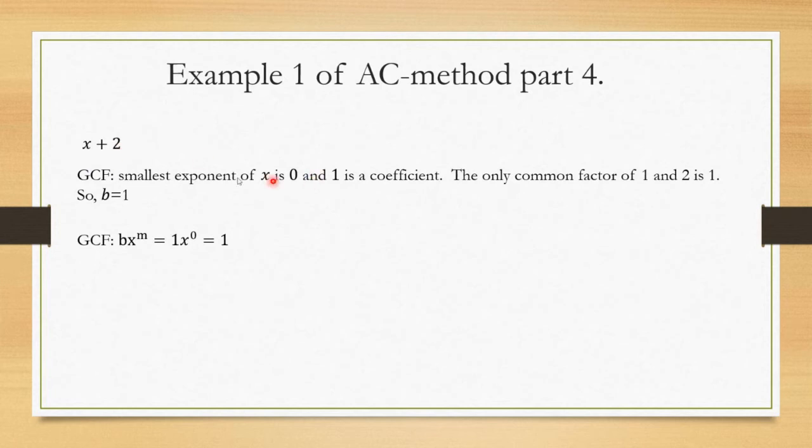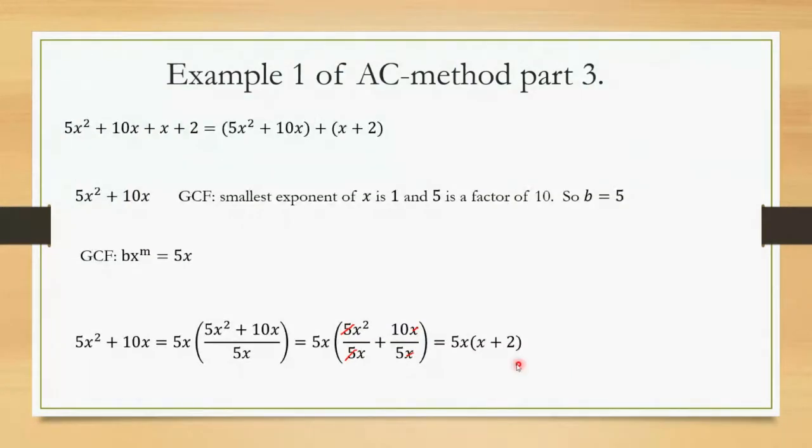The smallest exponent of x is 0, because there's a non-zero constant. The only common factor of 1 and 2 is 1. So we get b is 1, m is 0, and the GCF is 1. So you could argue just by looking at it, or you can say this is what's left over when we factored out the GCF from here. So this also has GCF 1. All right.